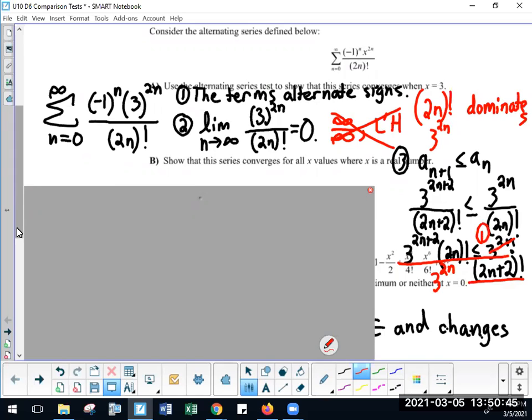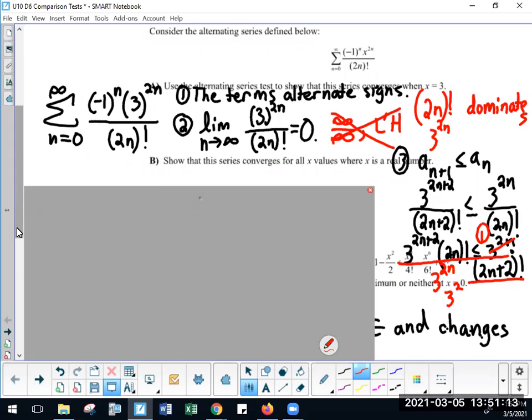Over here, what does 3 to the 2n plus 2 divided by 3 to the 2n turn into? Think about it. Use those exponent properties. It's going to be 3 to the 2 power, right? Because 3 to the 2n times 3 to the second is the same thing as 3 to the 2n plus 2 power, and the 3 to the 2n's make 1. So it's 3 to the second.